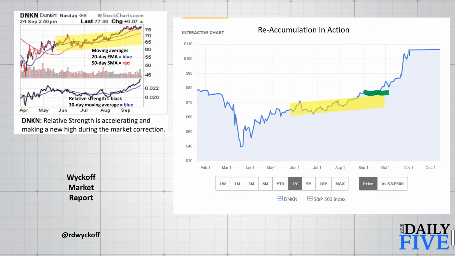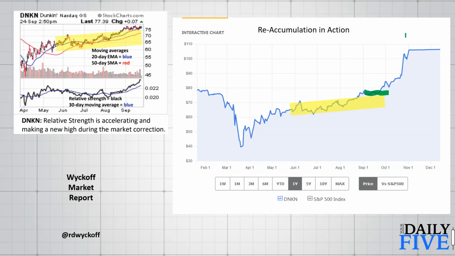This is subsequently what happened. We profiled the stock at the time in late September as a trading candidate for a case study or for observation. And that was at the end of September, and the stock went into its near vertical ascent as we would expect in reaccumulation.